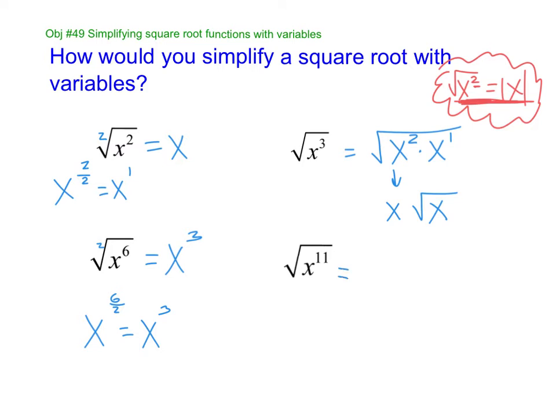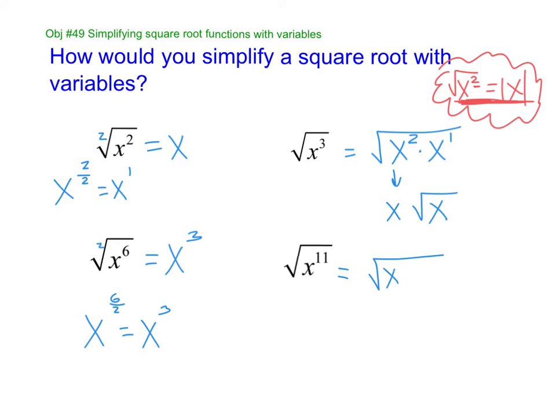Similarly, what perfect square is just under 11? How can you simplify x to the 11th? You need an even number, right? What's the biggest even number that's less than 11? 10.